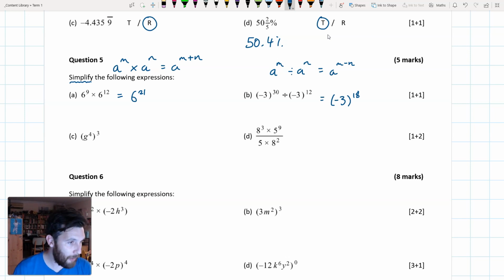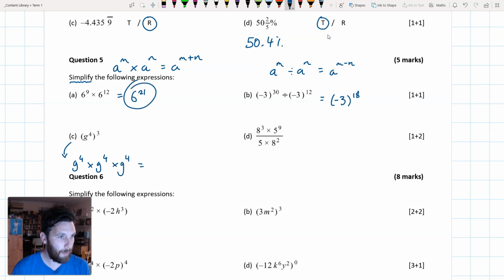Now the next one here, we've got g to the power 4 raised to the power 3. That's kind of the same as saying g to the power 4 times g to the power 4 times g to the power 4, which using what we learned up here would give us g to the power 4 plus 4 plus 4, which is 12.